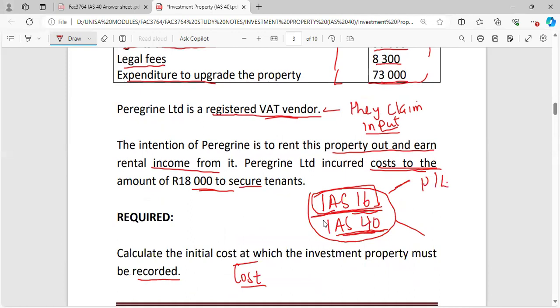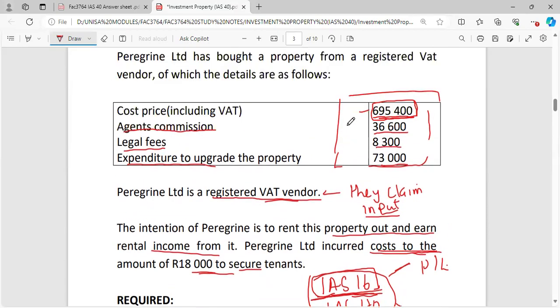The question was requiring us to calculate the initial cost at which the investment property must be recorded. So these are the initial costs. You need to add these, but also take into account the VAT implication in the cost of the investment property. The company is a registered VAT vendor, so you need to take out the VAT.